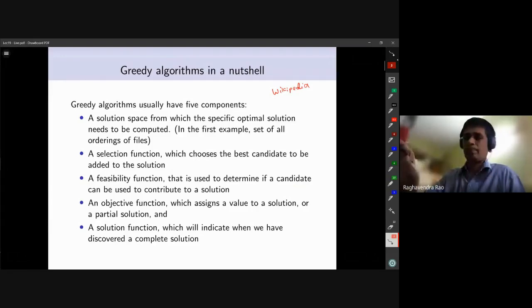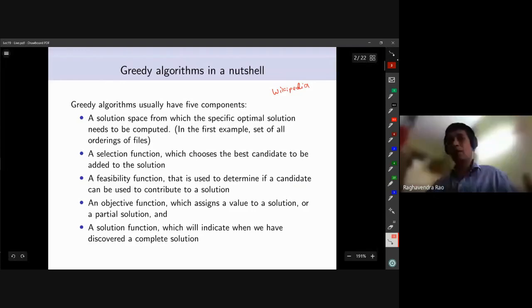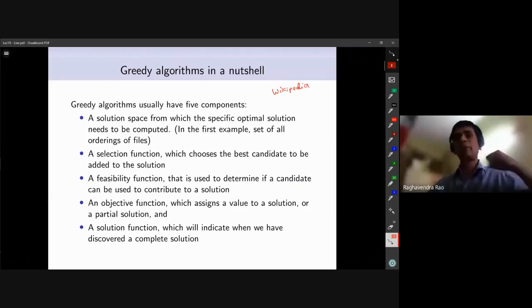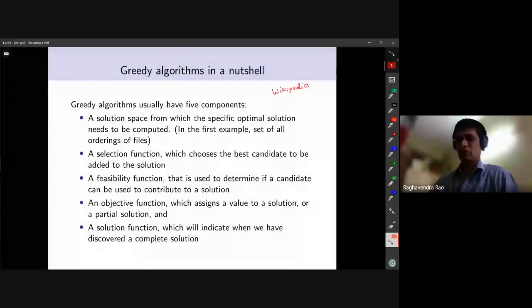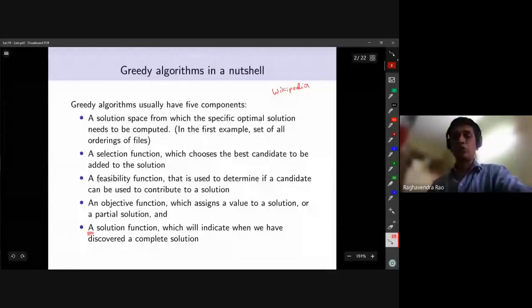Whereas the solution function says, is your schedule maximal? That is, you cannot add anything further. In the case of scheduling, both functionalities look the same, but they are not the same functions. One says, given this task, can it be added to my existing schedule or not? This one says none of the remaining tasks can be added to the schedule. Hence, let's call it maximal.